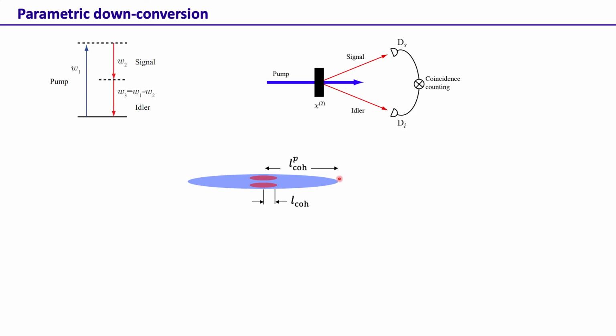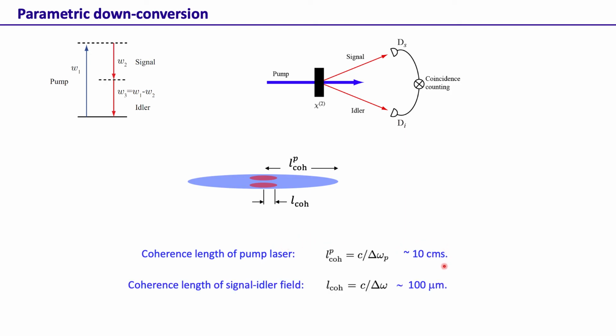We only have these two photons, but we can imagine that these two photons, with their individual coherence lengths, are surrounded by this bigger coherence packet, the size of which is given by the coherence length of the pump photon. Let me also remind you that the coherence length of the pump laser in a typical laboratory setup is about 10 centimeters or so, and the signal and idler fields can have a coherence length of 100 microns or so.